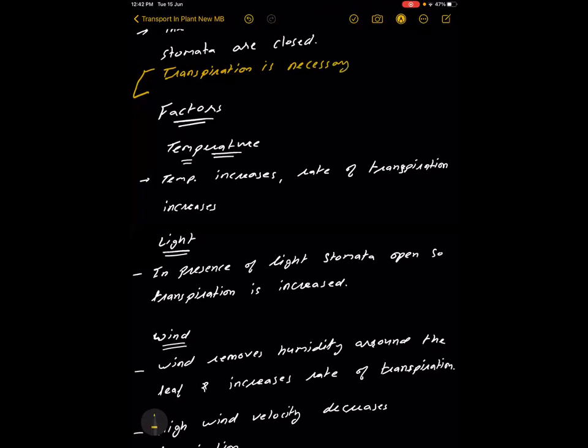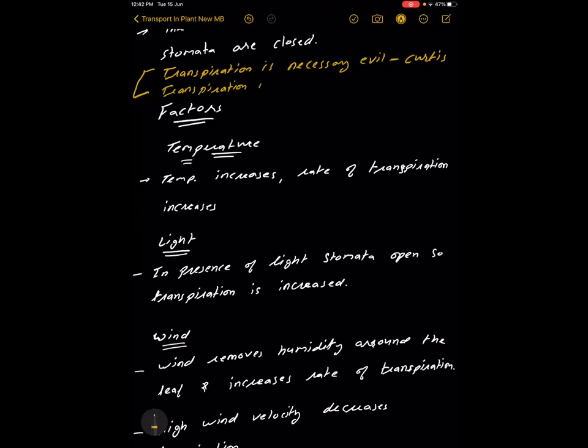Stewart says transpiration is an unavoidable evil.